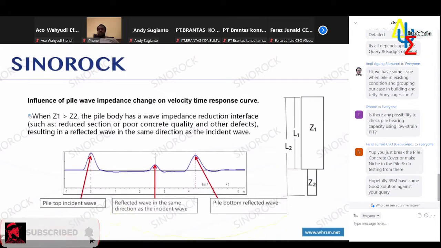This same direction reflection wave is generated by the impedance reduction interface, followed by the reflection formed by the transmission of energy to the pile bottom, which is the reflection wave at the pile bottom.